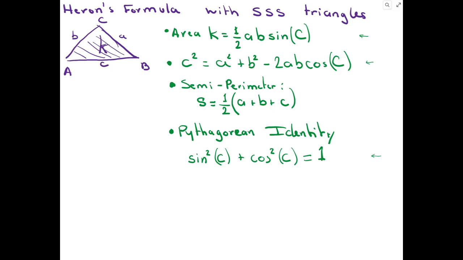And now we're going to go back to some algebraic factoring knowledge that we need to recall. So the first thing we need to recall is the difference of perfect squares.